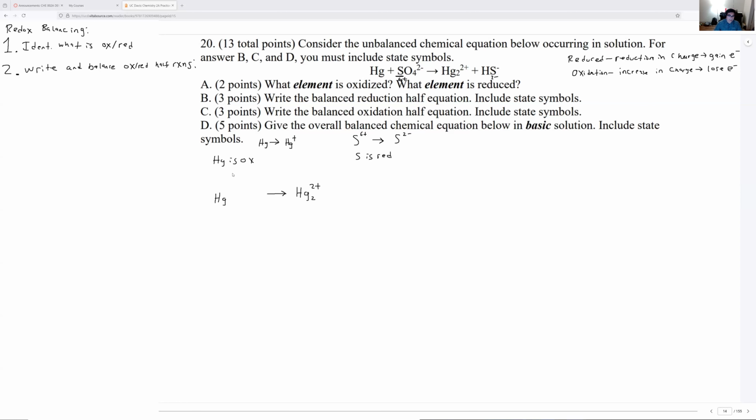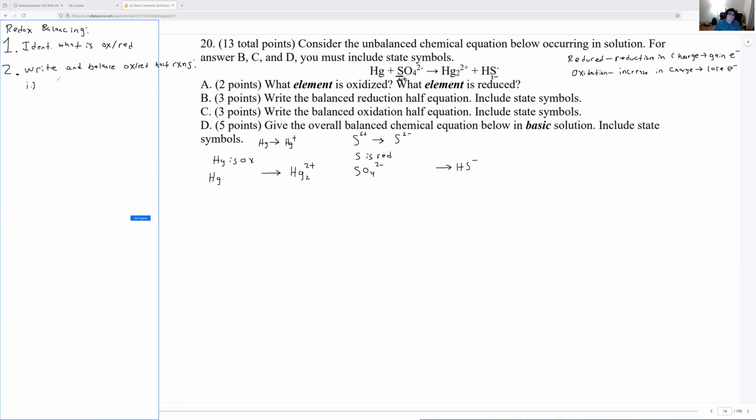For the sulfur, we have SO4 as the reactant. Again, this was just to identify the charge, I usually don't write this in. 2 minus, but we're writing the reactant here. I'm going to leave some space, and then we get HS minus. All right, so I have the reactants and the products. Now what do you do? So step one of step two.